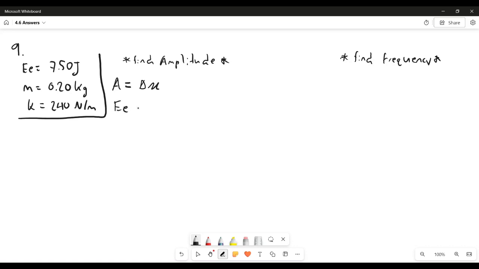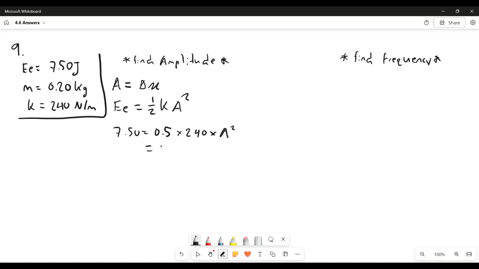So if you wanted to solve this question, all we need to do is we can use our potential elastic energy equation. Instead of writing delta x, I'm actually going to write capital A squared. So we're going to plug in everything we know, 0.5 into my k, which is 240, into my A squared.